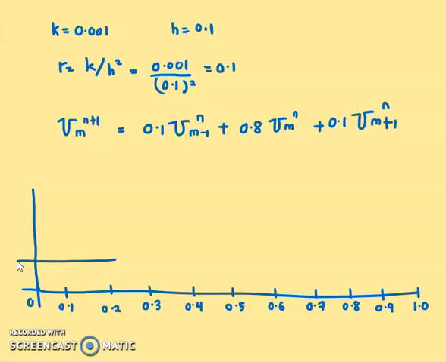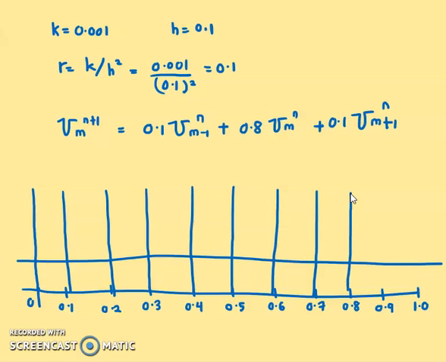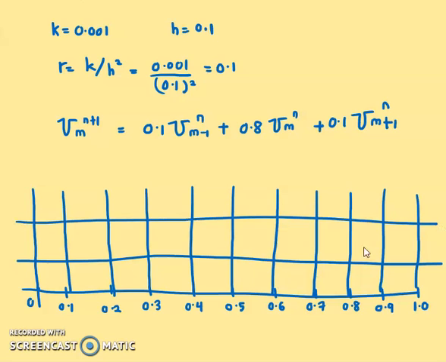Now my k here, on the other hand, is this value. Okay, that's good, we know that. How do you find the 0.1? Because this is my h.